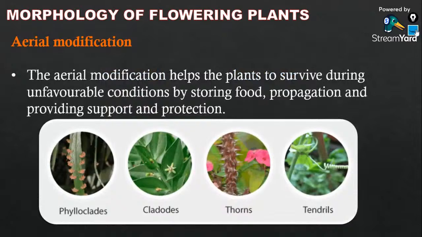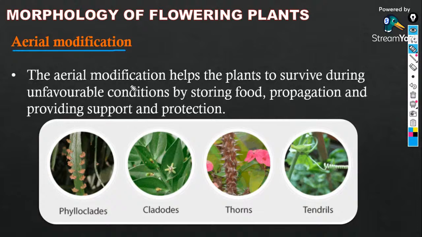Next is the aerial modification. The aerial modification helps the plant to survive during the unfavorable condition by storing food, propagation, providing support and protection to the plant.